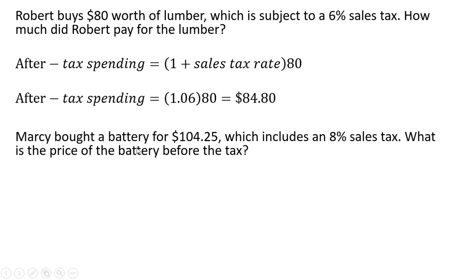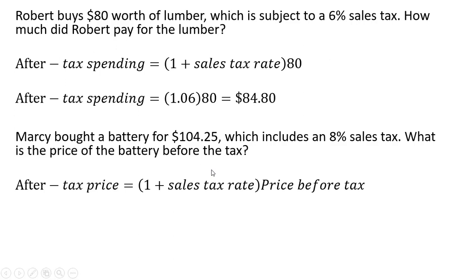Another example, Marcy bought a battery for $104.25, which includes an 8% sales tax. What is the price of the battery before the tax? So the after-tax price, we know is going to be $104.25. We know the sales tax rate is 0.08. We're trying to solve for the price before tax.